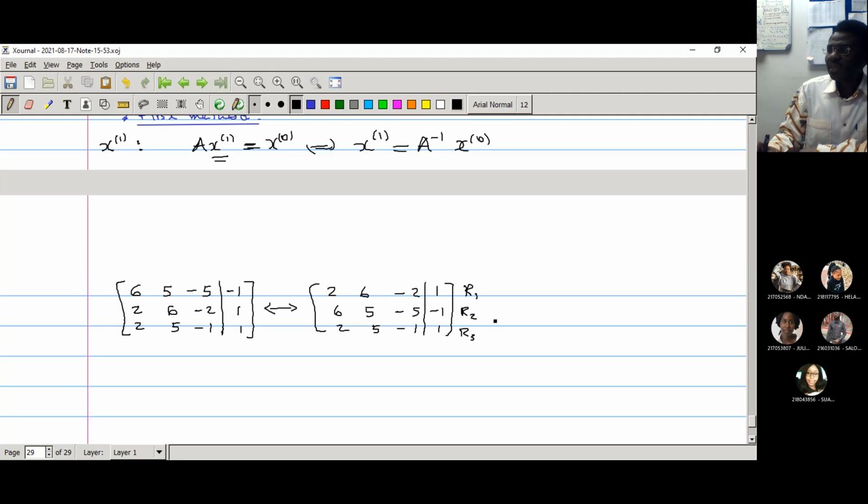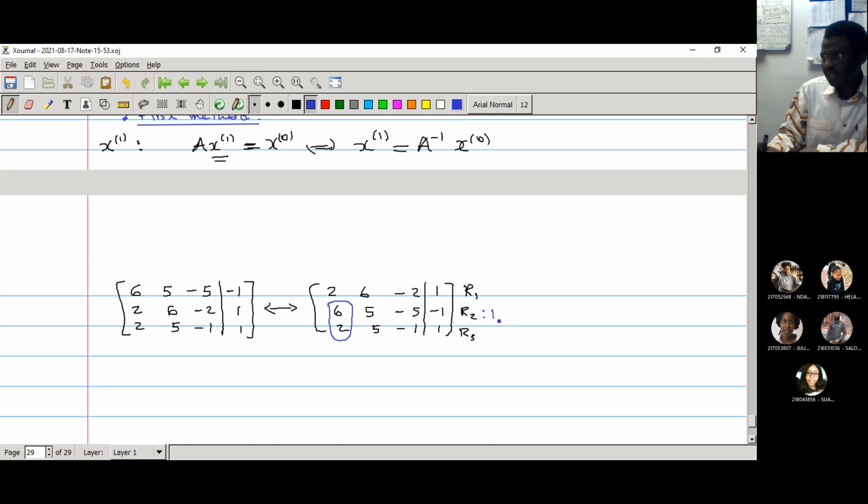Now, what you will do, you fix this one, you eliminate these two entries. So that's the first step, you eliminate these two, right? For that, what will you do? You will multiply the first row by 3.